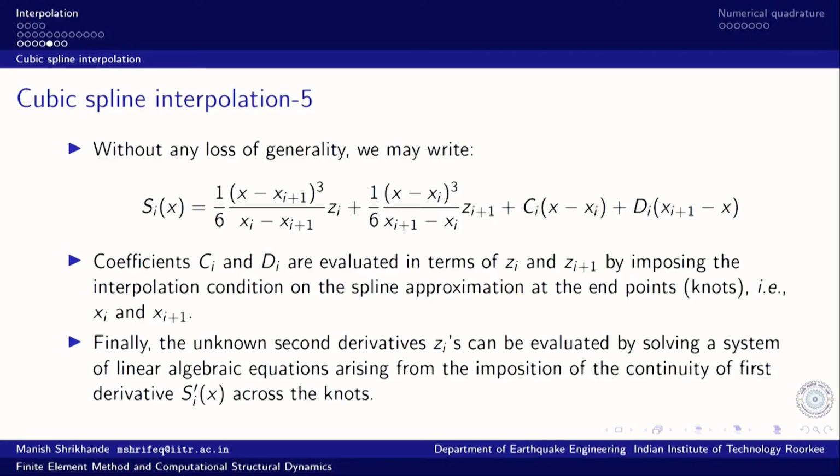Once we solve the simultaneous equations, that yields a set of values for z, the second derivatives. Once we have the second derivatives available, we can substitute them back in this approximation, and all splines can be derived over each segment.